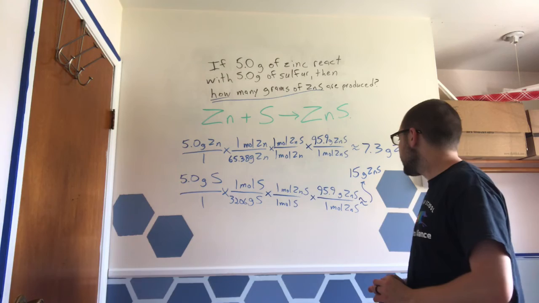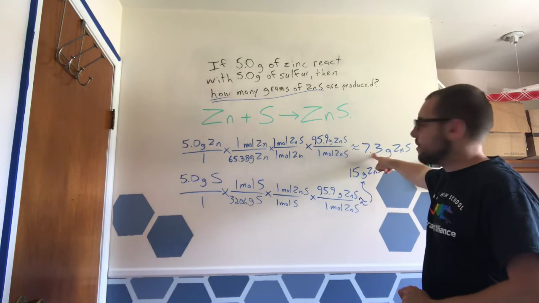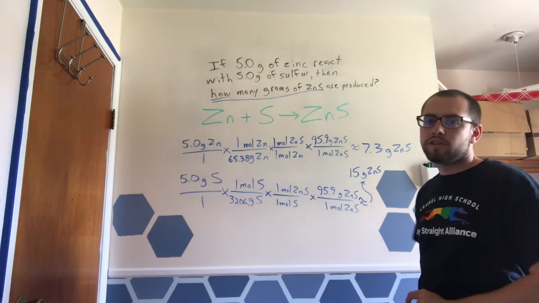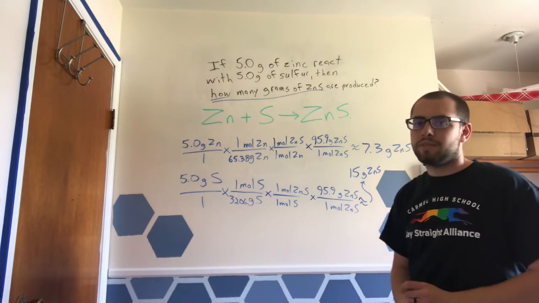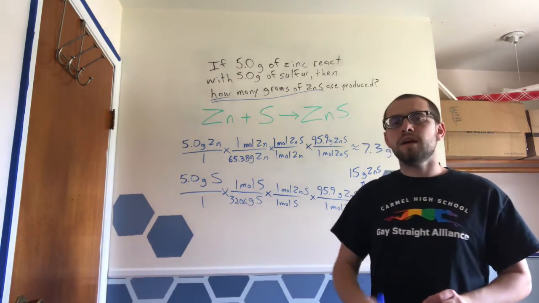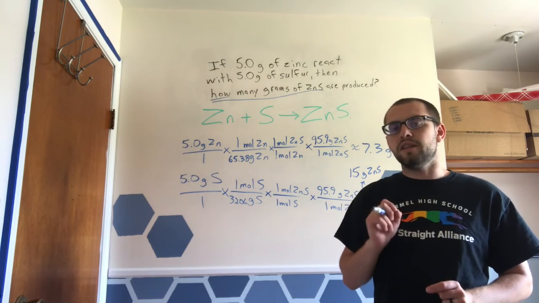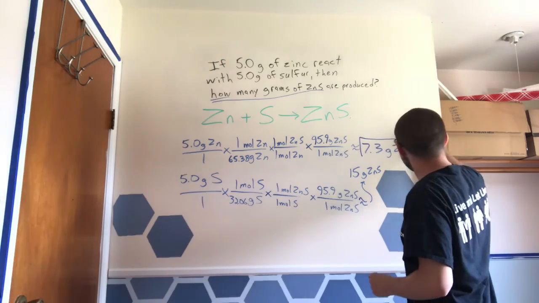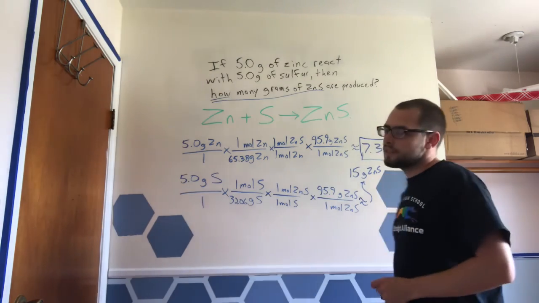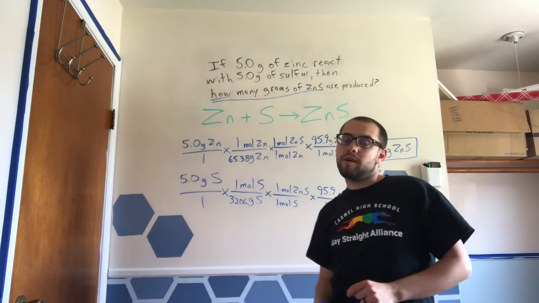The zinc is going to tell me I'll make 7.3. The sulfur is going to tell me I'm going to make about twice that much, about 15 grams. I am limited to the smaller answer. My answer this time is the 7.3 grams of zinc sulfide.